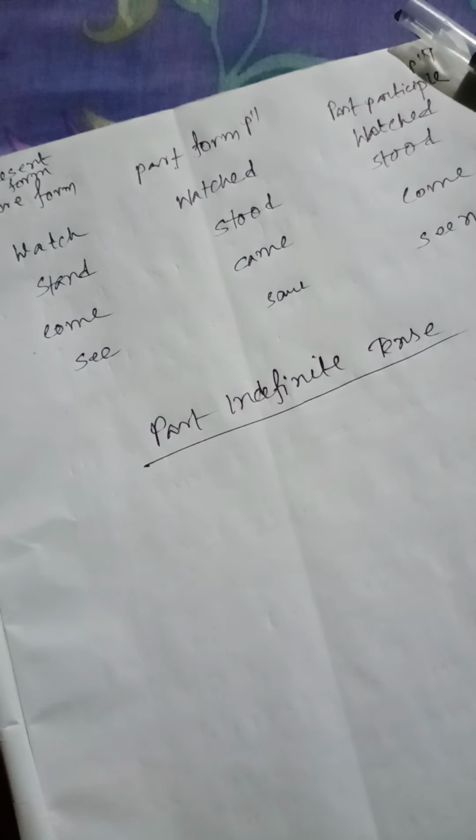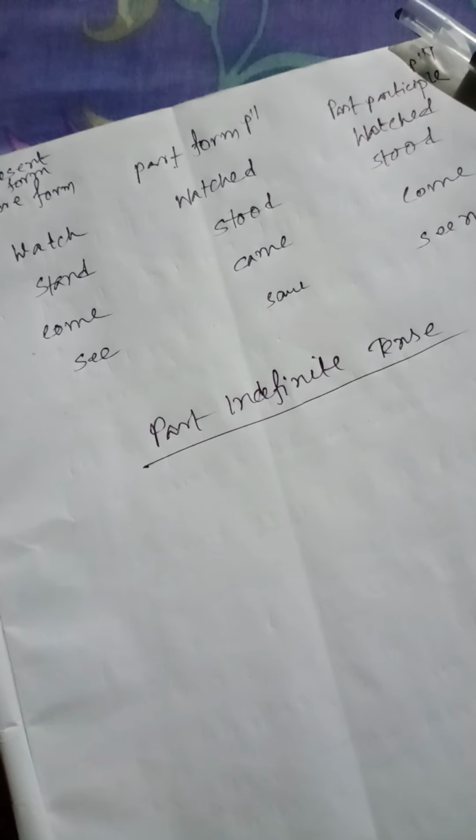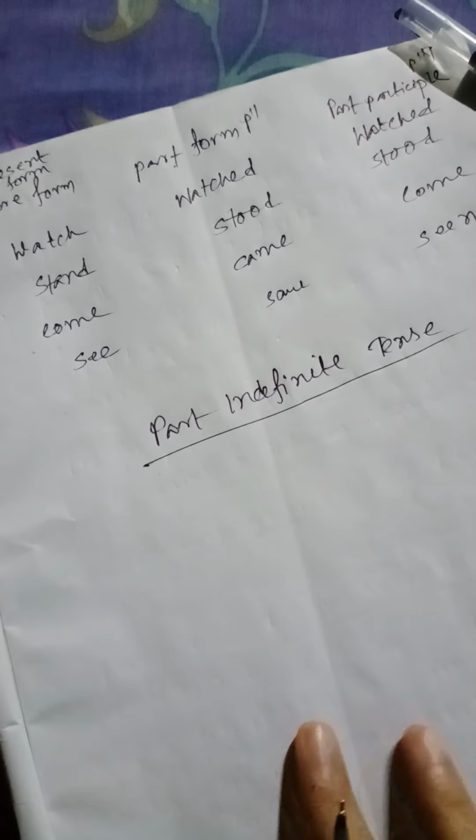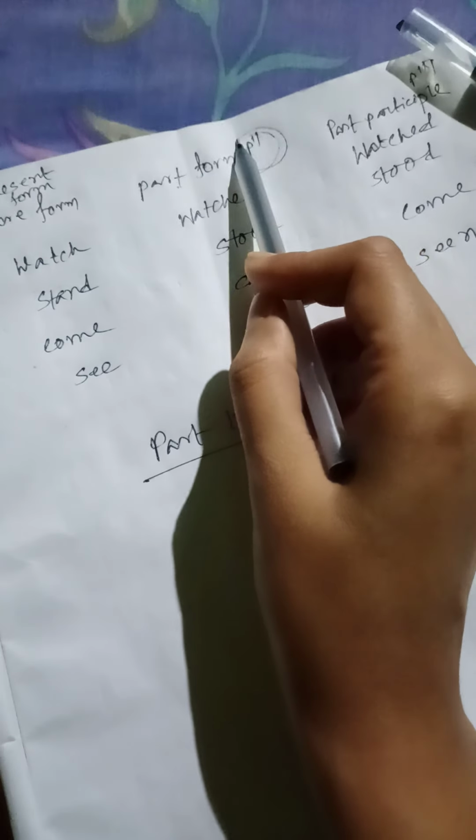Past indefinite tense indicates that the action described in a sentence has happened before and is not a current happening. So, when we say any sentence of past indefinite tense, here the verb will be of second form.